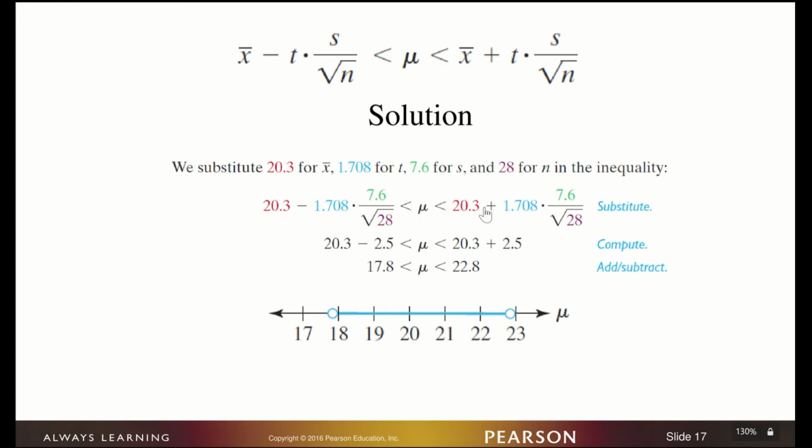And we do the same thing on the right side, right? The only difference is we have a plus here, minus here. We evaluate this on a calculator as well as this, and we get mu is going to be between 17.8 and 22.8. And here's a graph of the solution set for mu in this scenario, okay? So very simple, you're just plugging in, just have to be careful and make sure you plug in correctly, especially into the calculator correctly.